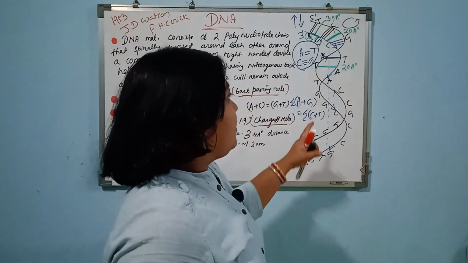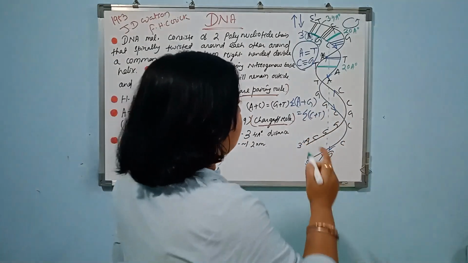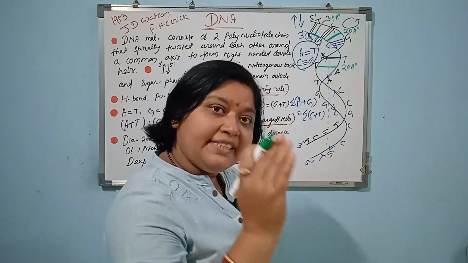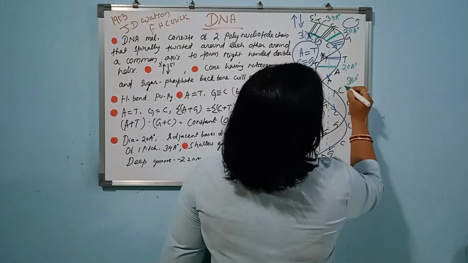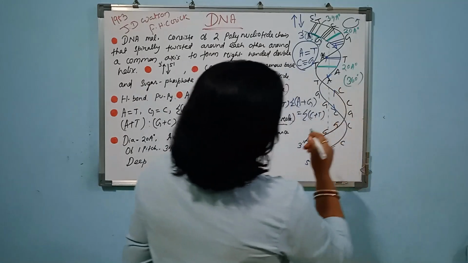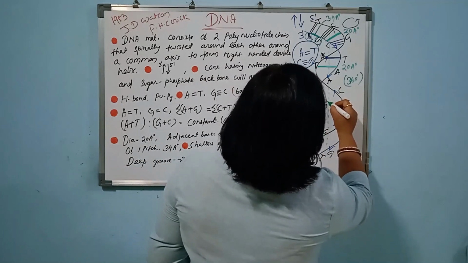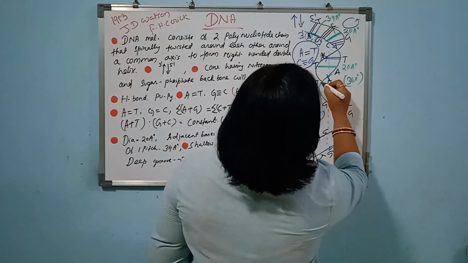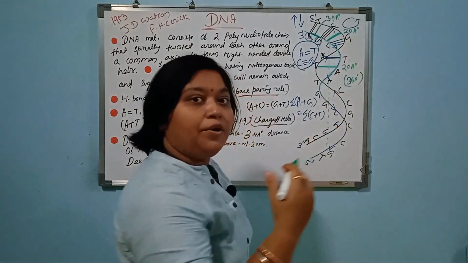If we see the pitch, or you can say turn, this is 1 turn. 1 turn means it will rotate 360 degrees. So how will you calculate? Suppose this one starts from here, these two up to this, it is 1 turn.